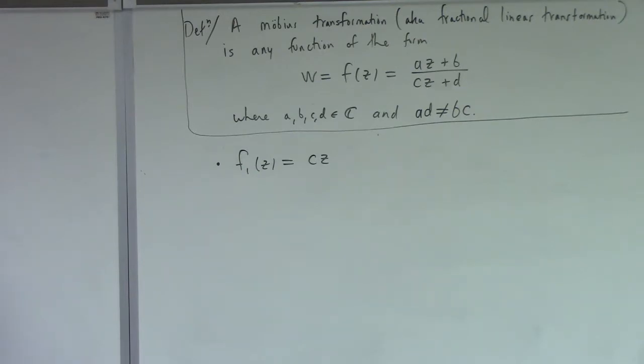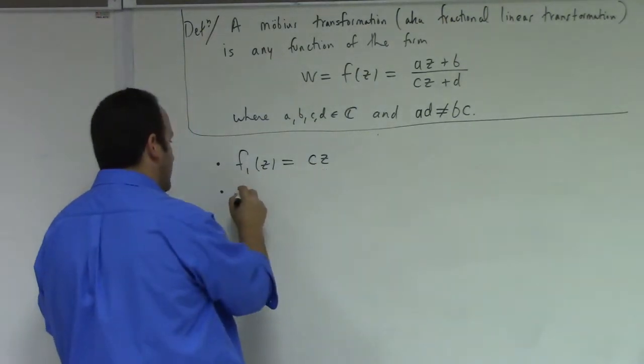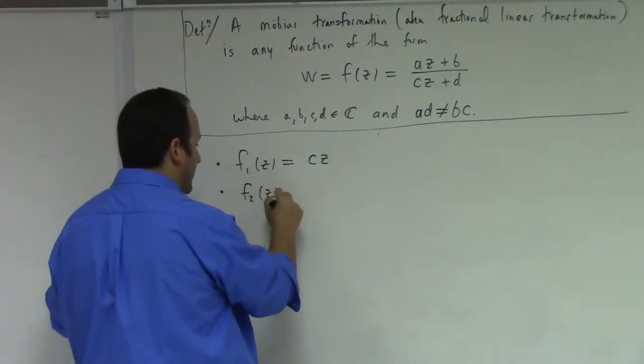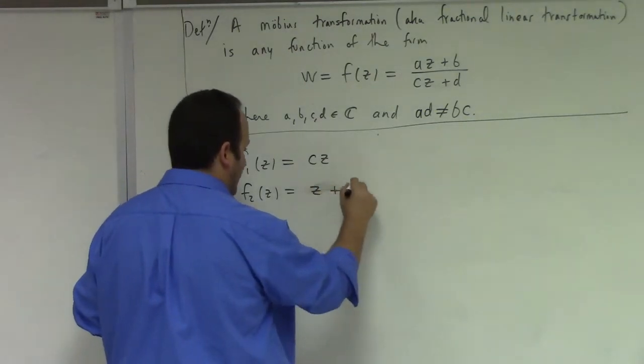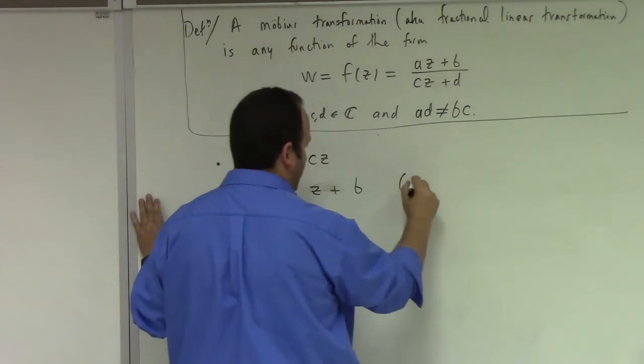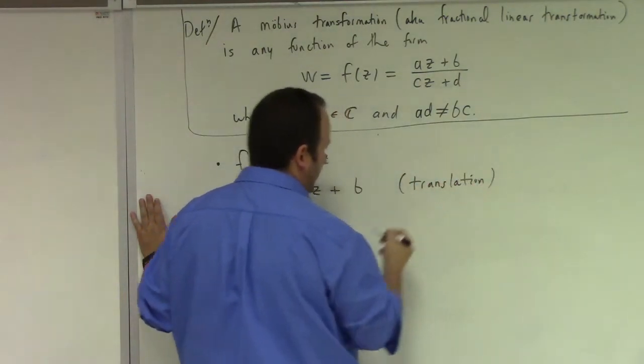If c is a real number, it's just stretching out the vector. If it's got an imaginary part, then that rotates. If we look at f2 of z equal to z plus b, this is a translation, right?